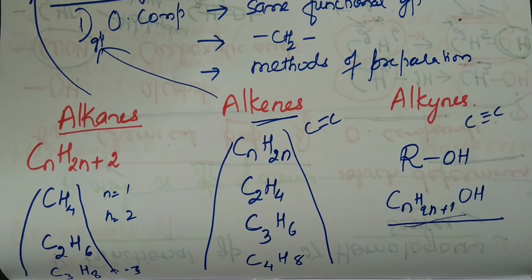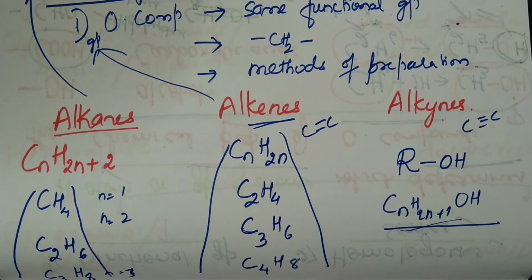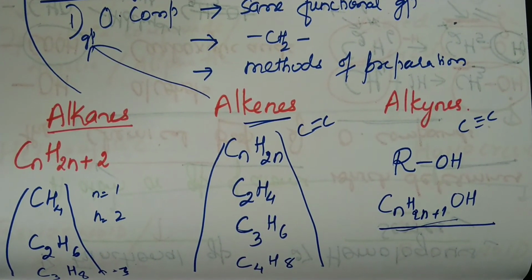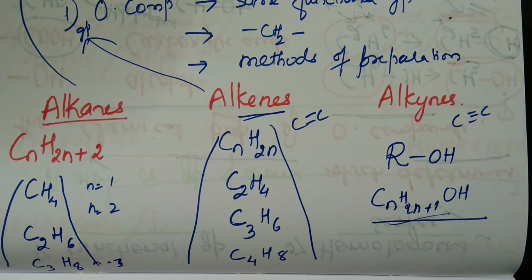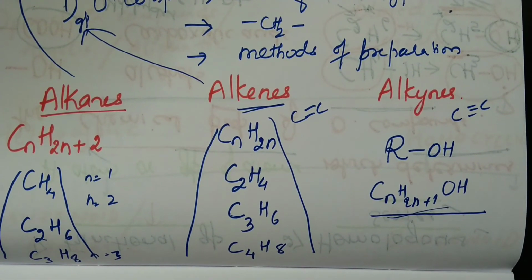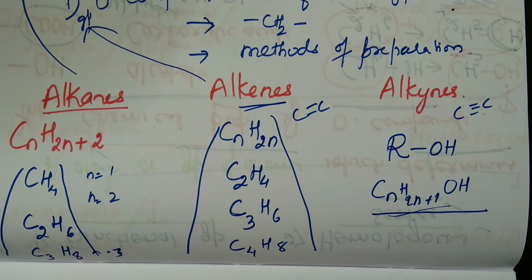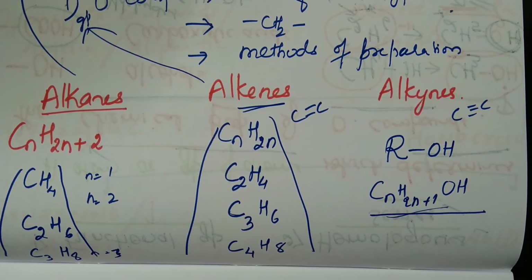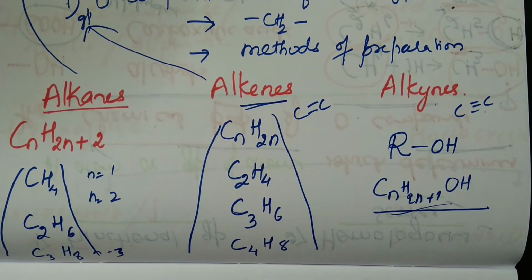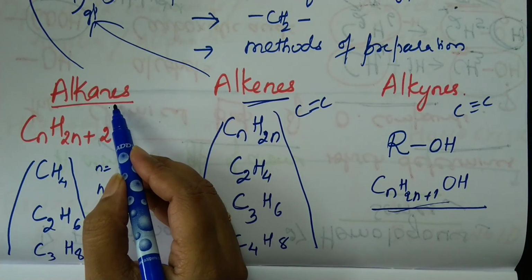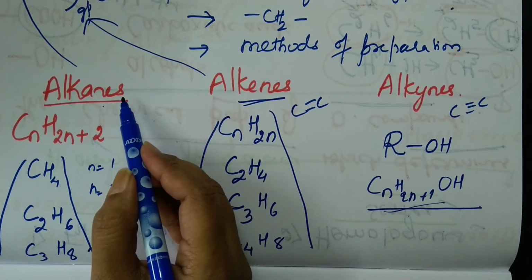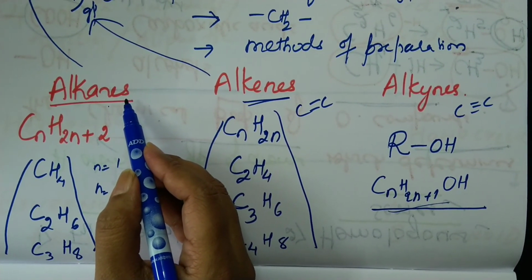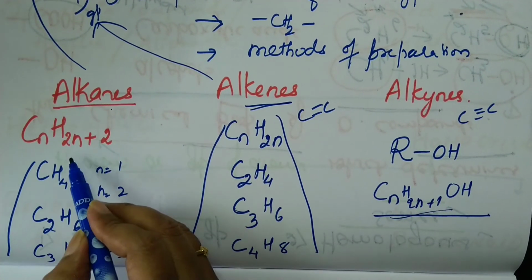We can relate these homologous series to our daily life. For example, we belong to a family called Kulkarni. Whoever belongs to that family has the surname Kulkarni. Here also, alkanes are the organic molecules which belong to the family alkanes, and what is their address? CnH2n+2.